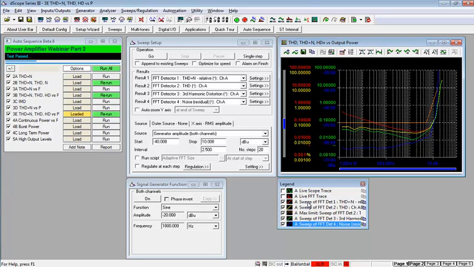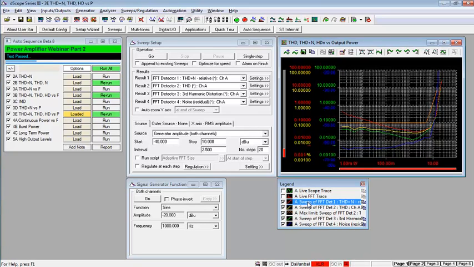Now, we know that the total harmonic distortion plus noise failed at low amplitudes. So our prime suspects, our initial contenders for the problem, would be possibly total harmonic distortion or noise. That would seem to be a reasonable assumption.